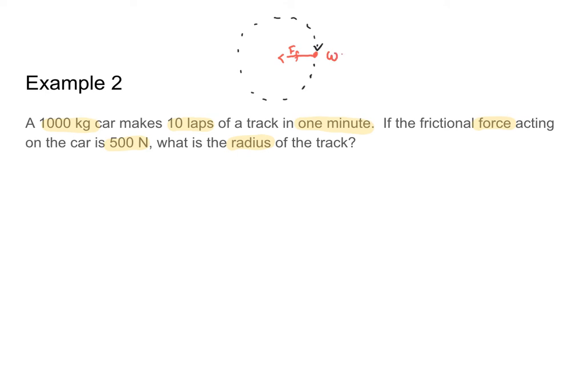So omega is equal to 10 times 2 pi over 60 seconds. Or, because it's a little more useful to find v a lot of the time, we know that v is equal to 10 times 2 pi times the radius of the track over our time, so over 60 seconds.